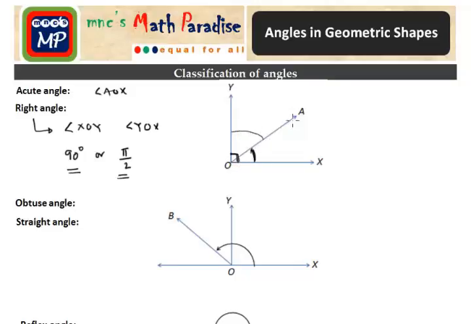Similarly, angle AOY between OA and OY is also smaller than 90 degrees, so this is also an acute angle. So any angle between 0 degrees and 90 degrees is an acute angle.